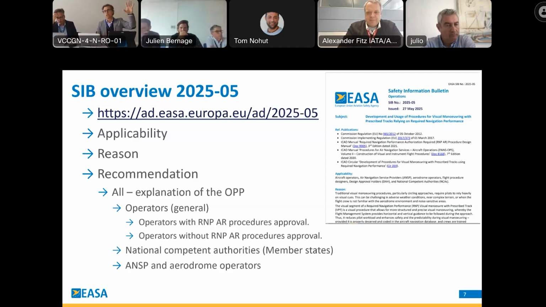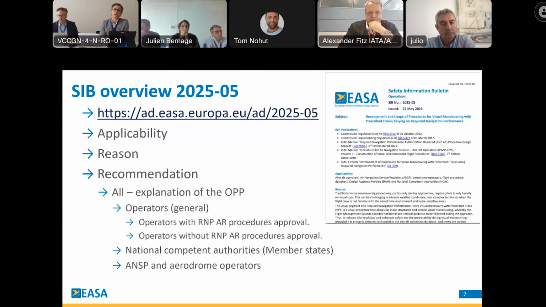So 3 in general, one additional if you are an RNP IR approved operator, and an additional 3 if you are not. Of course, the additional steps for the RNP IR approved operator you don't follow, because you are not approved. Then the National Competent Authority, for which we provide some recommendations, and the ANSP and aerodrome operator.